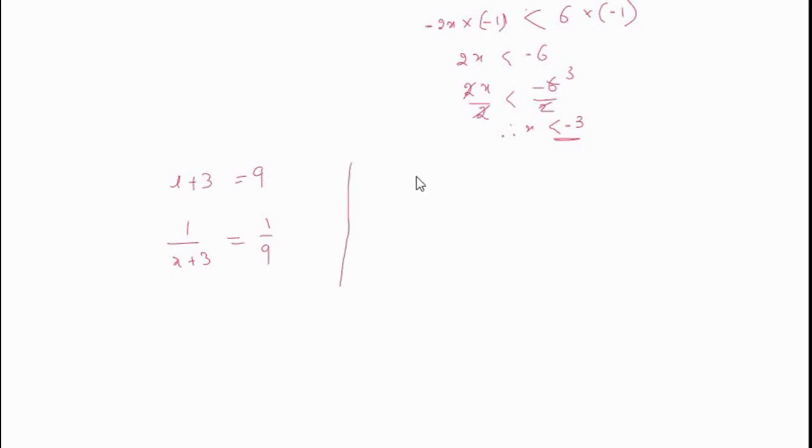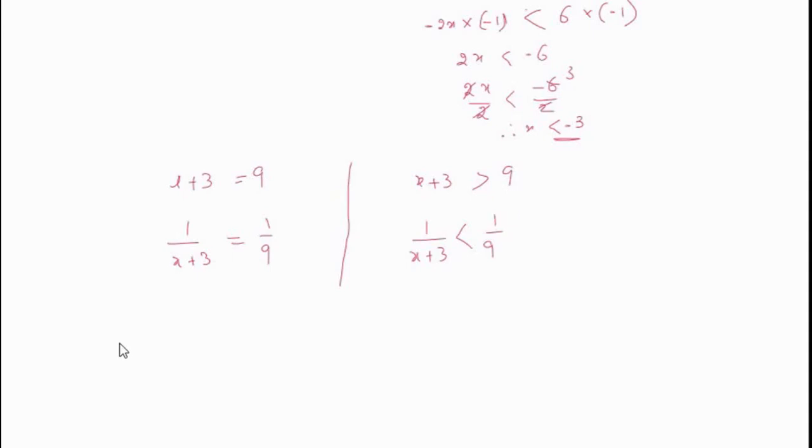Suppose same expressions I am taking, x plus 3 greater than 9. Now I am taking inverse on both sides. 1 by x plus 3, here 1 by 9, but the inequation sign gets reversed here. So 1 by x plus 3 less than 1 by 9.